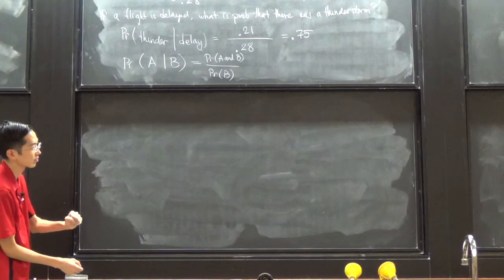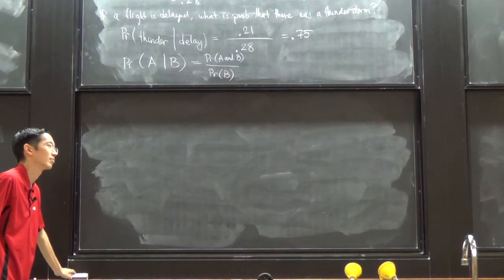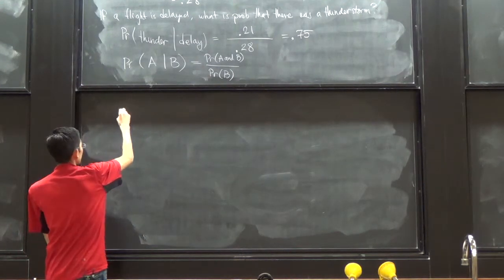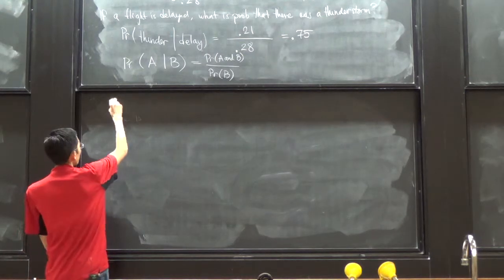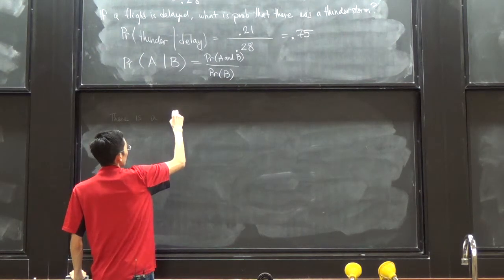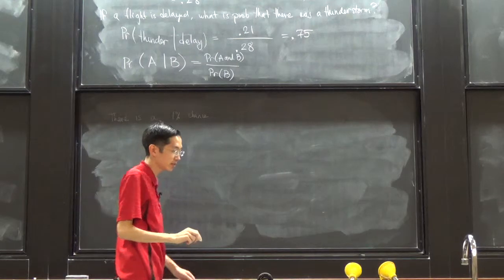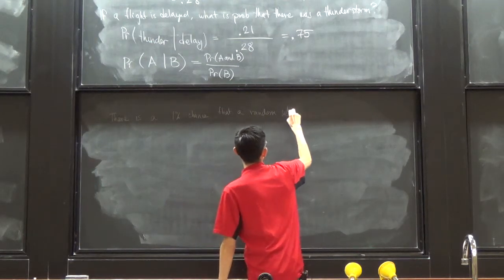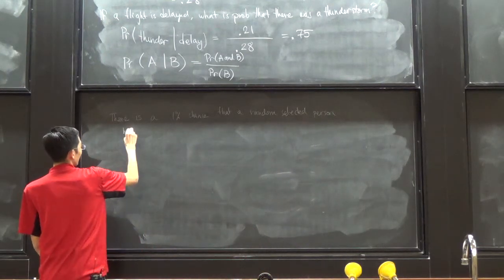Okay, so let's say if we pick a random person, there is a 1% probability that a randomly selected person has the mutant gene.